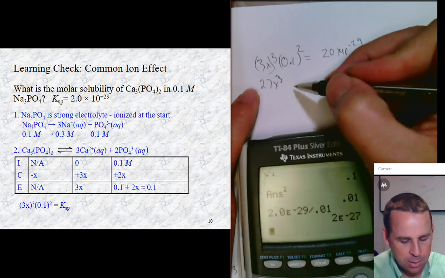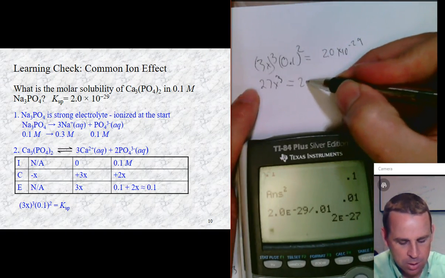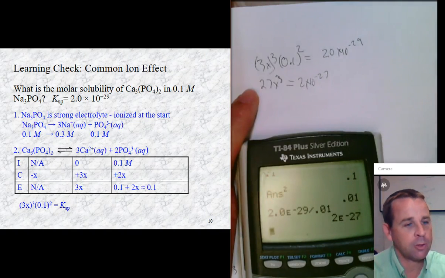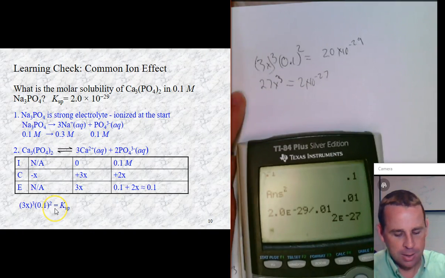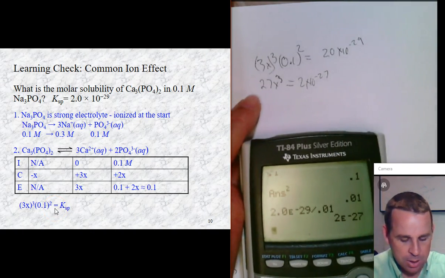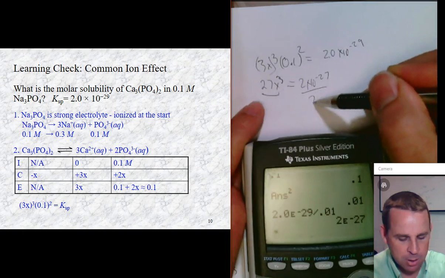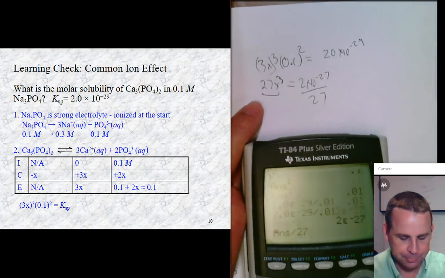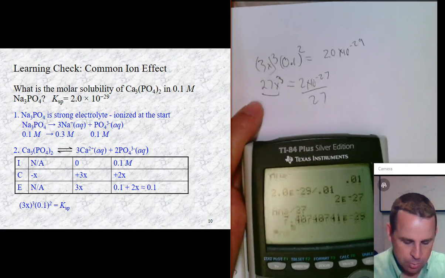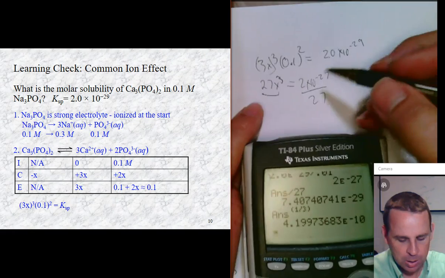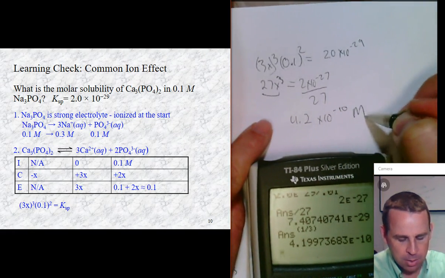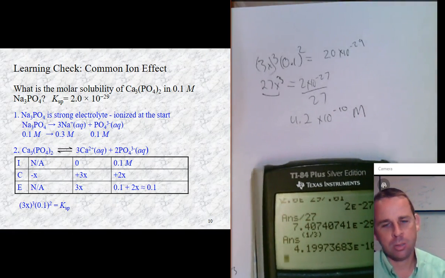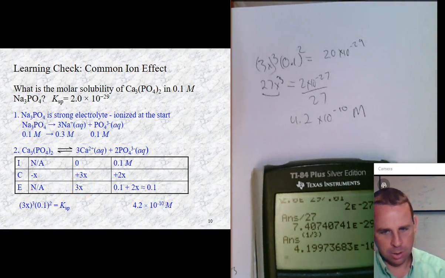And then now we have that set equal to 2 times 10 to the minus 27 after I divide it over the 0.01. All right, so this value equals 27x cubed. I'm going to divide both sides by 27, and then I'm going to raise this to the 1/3 power, which gives me 4.2 times 10 to the minus 10. And that is going to be the molar solubility of this salt.